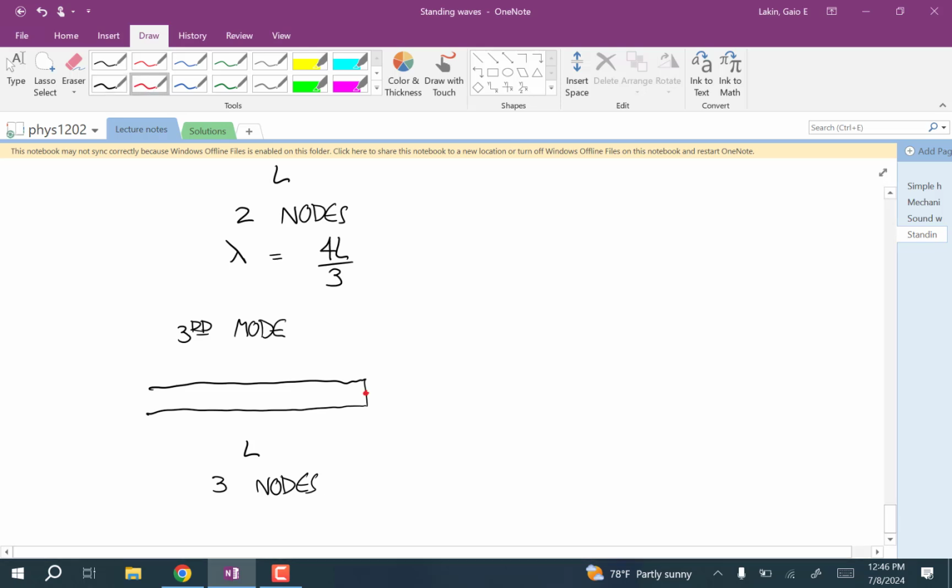So there's a node here, a node here, a node here, and antinodes at the end and in the middle, in between the nodes. So our graph looks like this. This would be the cosine. You can see that's where it repeats. And we can fit a little more into our length L.